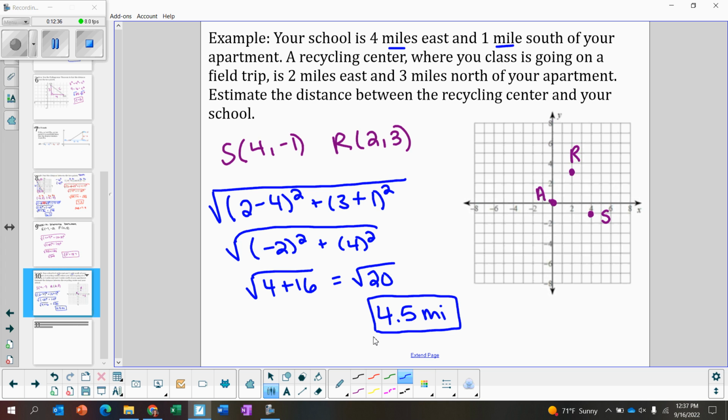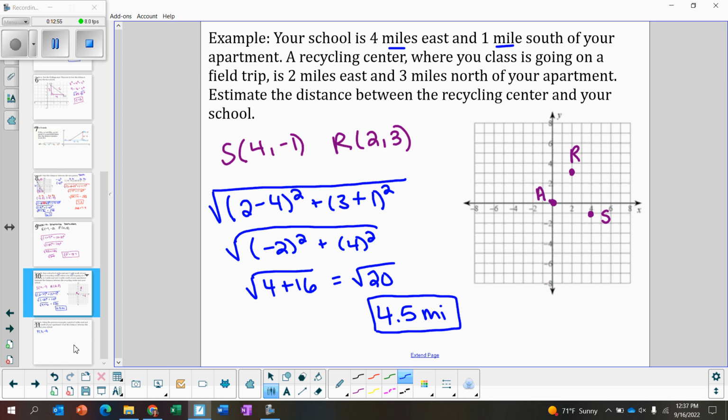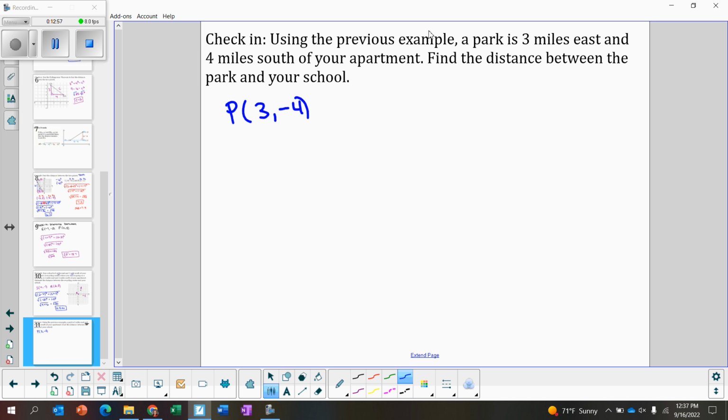So you're going to try the next one, which uses some of the same information. So let's look at it for a second. Using the previous example, a park is 3 miles east and 4 miles south. So 3 east and 4 south would be +3, -4. And if you recall, the point from our school was 4, -1.